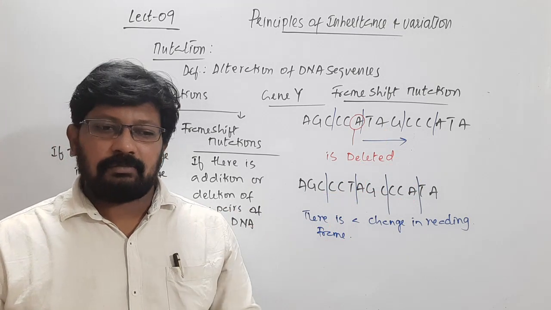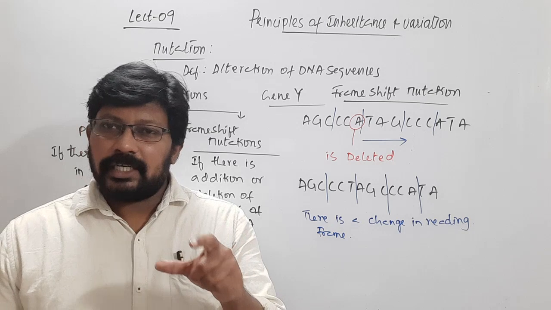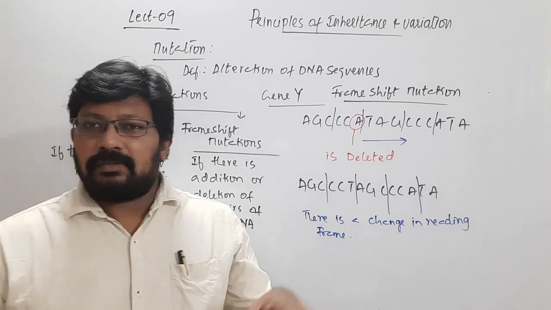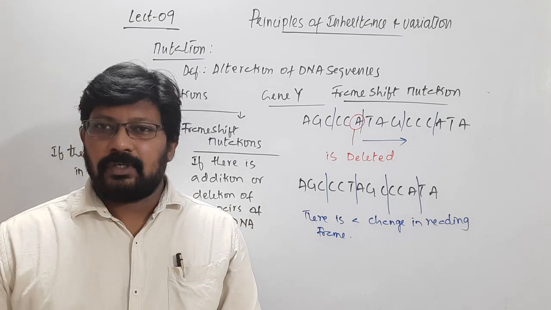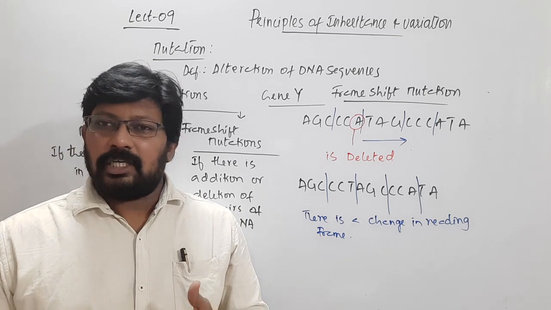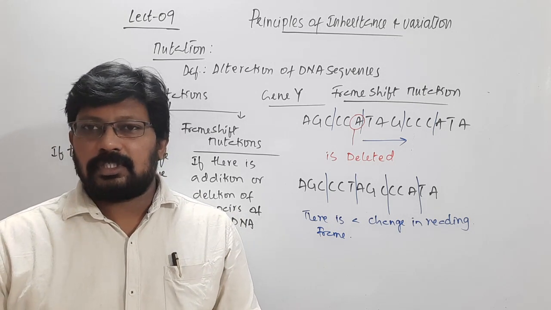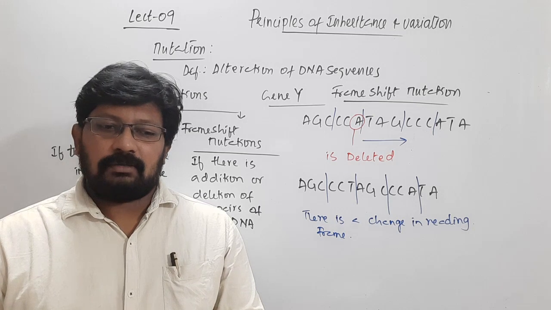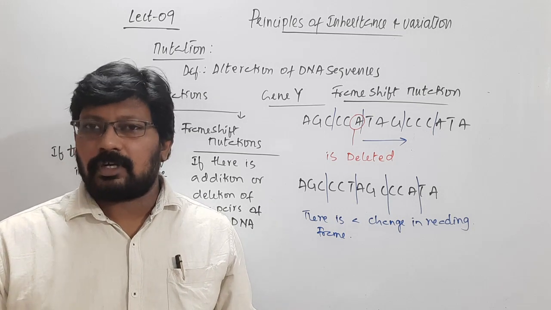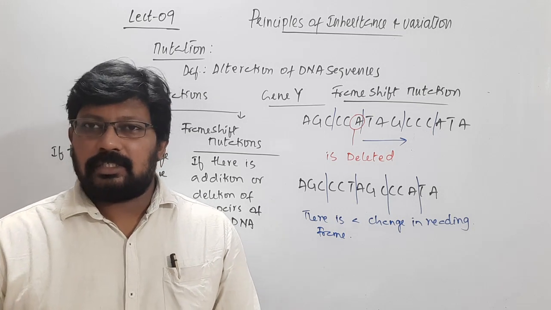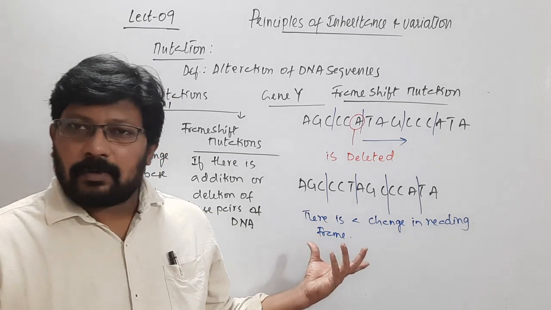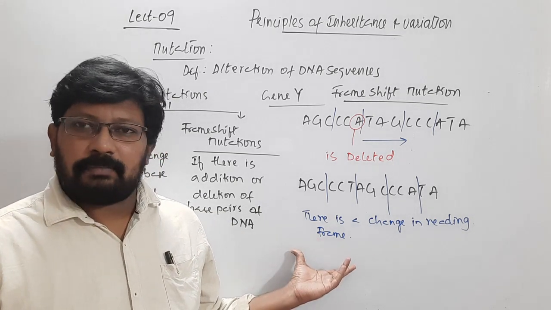So I told you in the beginning, the mutated gene has several possibilities. It may produce a functional gene product, it may not produce a functional one, or it may not produce the enzyme at all. I mean any polypeptide chain.